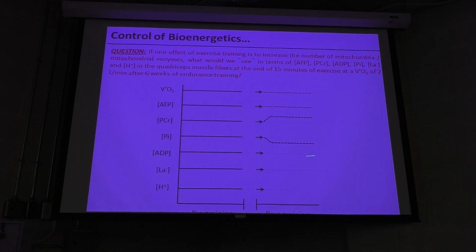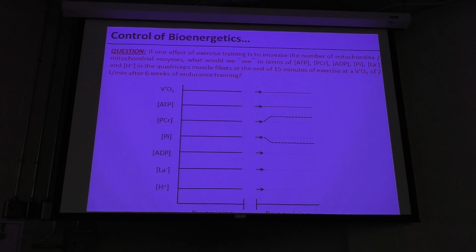Okay, so now inorganic phosphate would be at a lower concentration post-training than pre-training, which again is a good thing in terms of fatigue development, because now we should have a metabolic state of the muscle that allows for cross-bridging and sarcoplasmic release of calcium and various other things to occur more effectively.